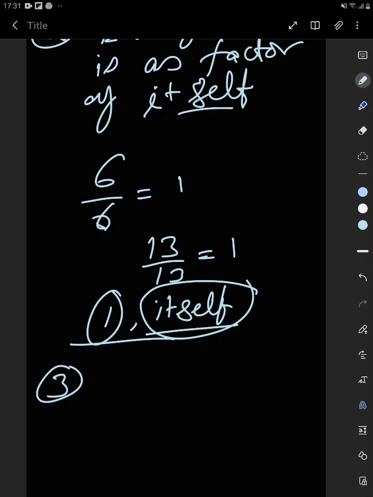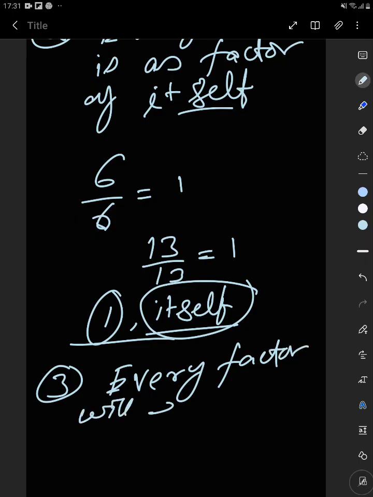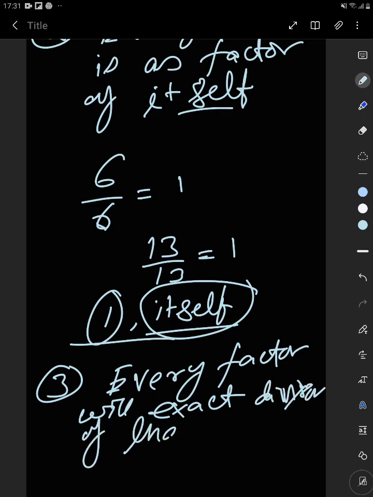Now the third one is that every factor of a number is an exact divisor of that number.